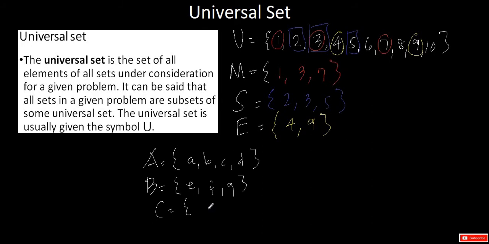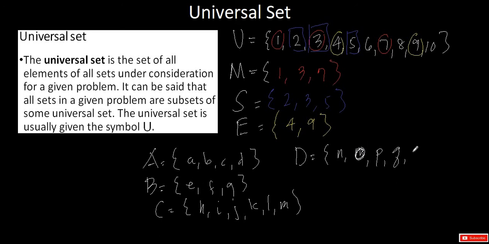And the elements of this set, for example, are student H, I, J, K, L, and M. And we have set D be the set of grade 10 students in Maasin National High School. And suppose the elements are N, O, P, Q, R, for example.